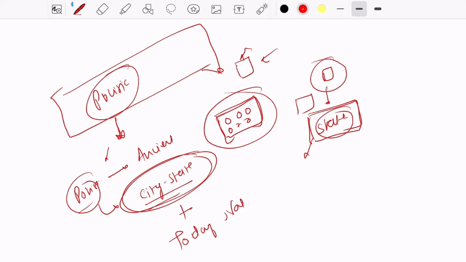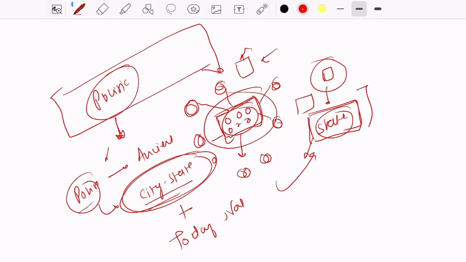Now to assist that authority, that state, these people tried to establish a few institutions. These institutions assist the state in its day-to-day functioning. These institutions are related to the public, and they are doing political activity.